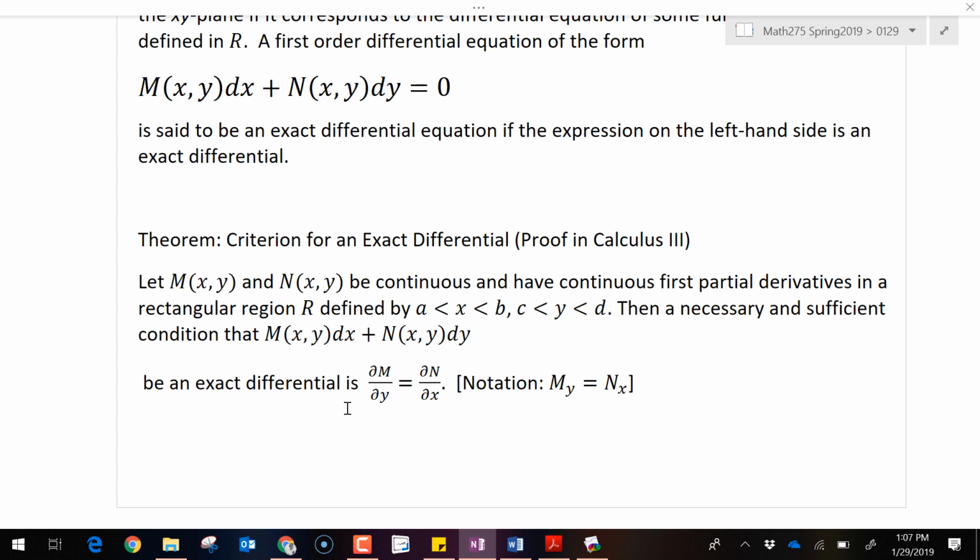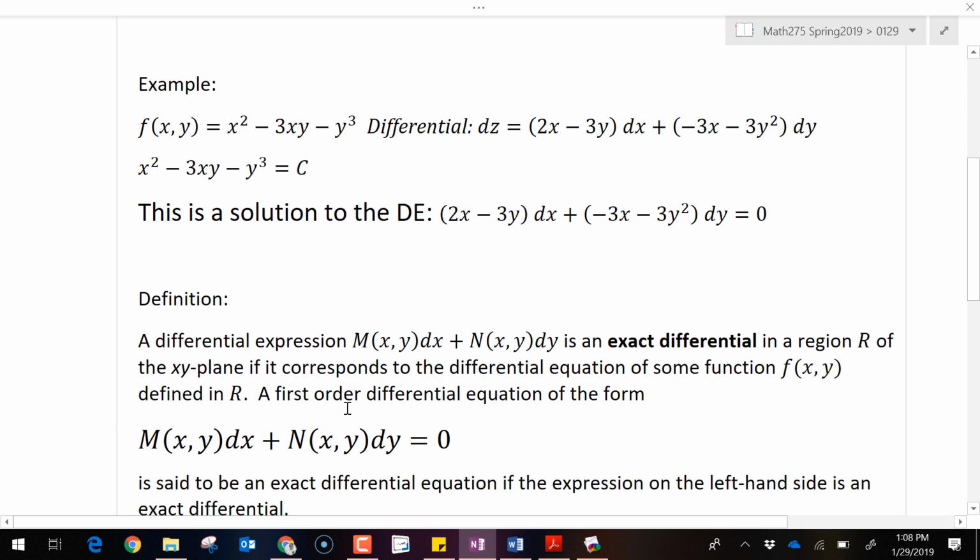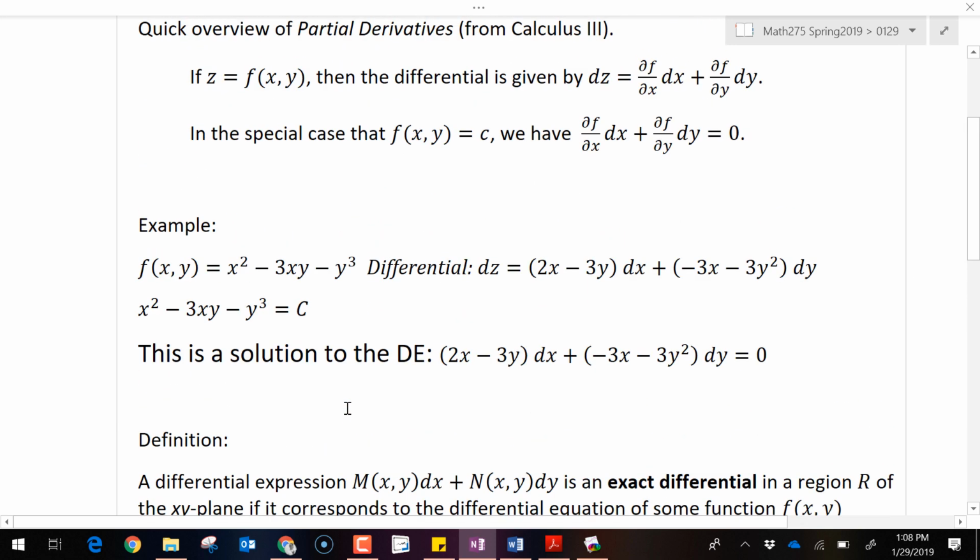And the way to check for this is that in Calculus 3, it turns out that if we take the derivative of this with respect to y, and then if we take the derivative of this with respect to x, then these two should be equal to each other.